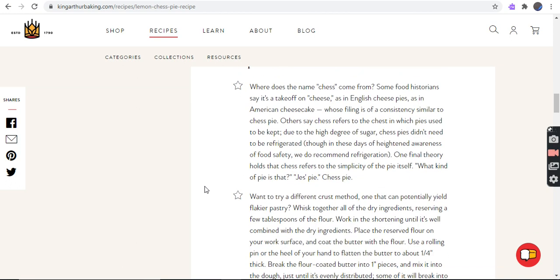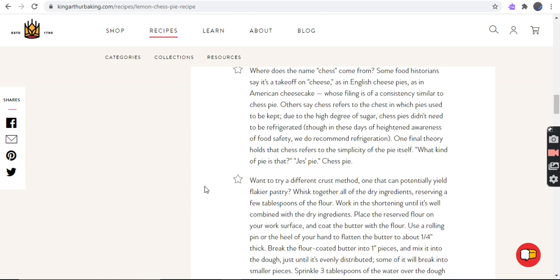Where does the name chess come from? Some food historians say it's a takeoff of cheese, as in American cheese pies, as American cheesecake was filling in consistency similar to cheese pie or chess pie.